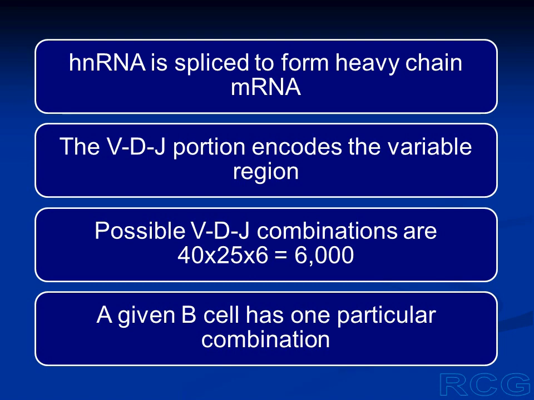So the possible number of VDJ combinations are 40 multiplied by 25 multiplied by 6, that is 6,000. So 6,000 different VDJ combinations can be formed by gene rearrangement. But a given B cell has only one particular VDJ combination, and therefore only one particular amino acid sequence in the variable region.